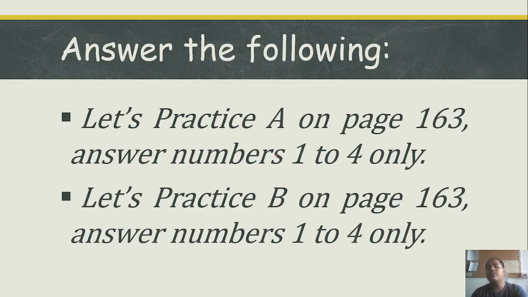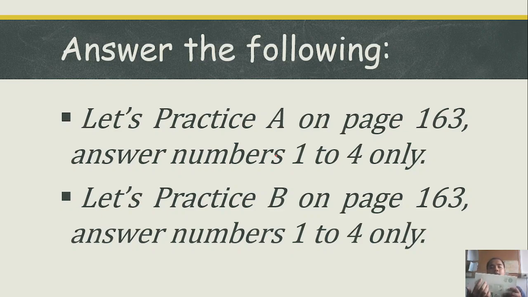So where are you going to write your answers? Write your answers on one whole sheet of paper. I am explaining this again, same as last year. In the upper right corner of the paper is your name, and in front of your name is the date.